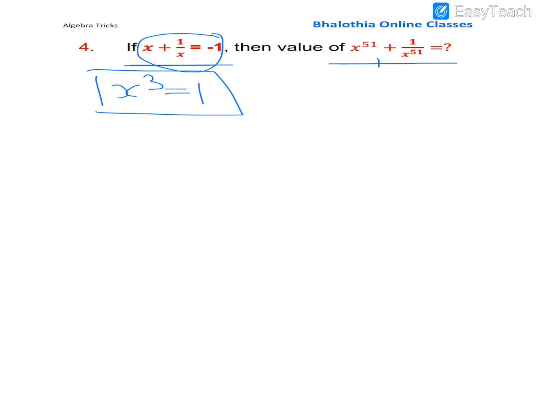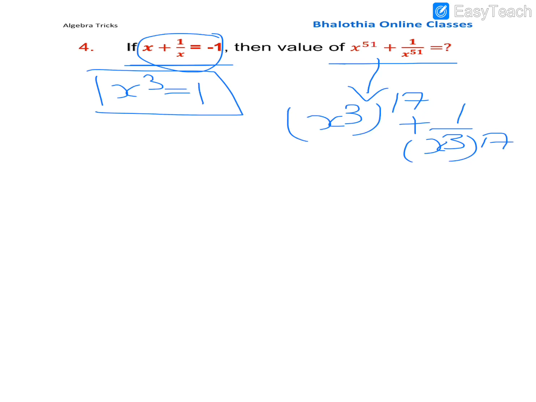And again we will break it into x raised to the power 3 and then 17, plus 1 upon x raised to the power 3 and power 17. So x raised to the power 3 means 1. Here we will put 1 raised to the power 17, which will become 1, and again 1 raised to the power 17 will become 1. So 1 plus 1 equals 2.